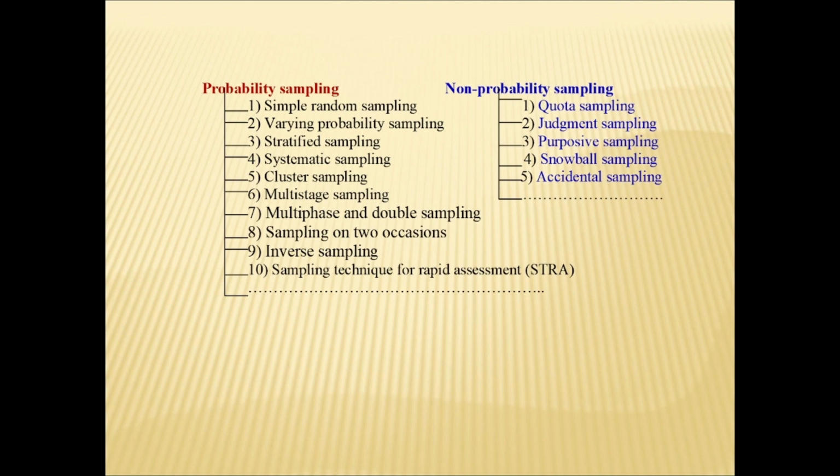But under certain exigencies, certain situations, you need to opt for non-probability sampling also. So we need to know about non-probability sampling, its pros and cons, and where and how to use it. We should do this. And in research, particularly, it is very important.